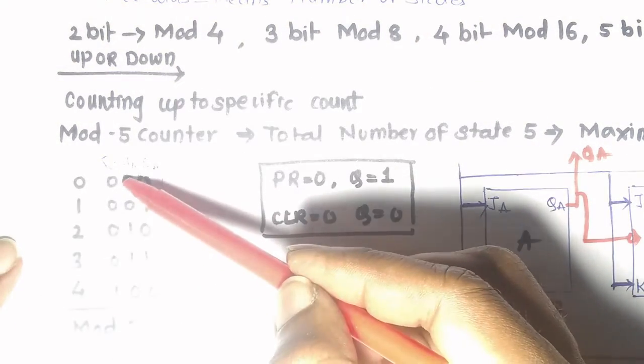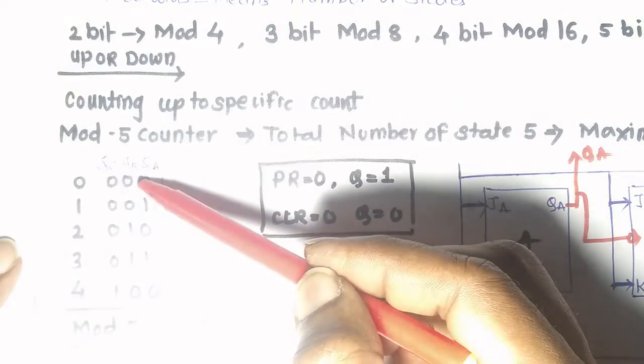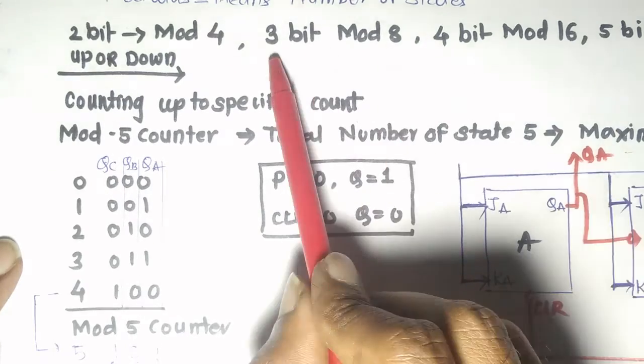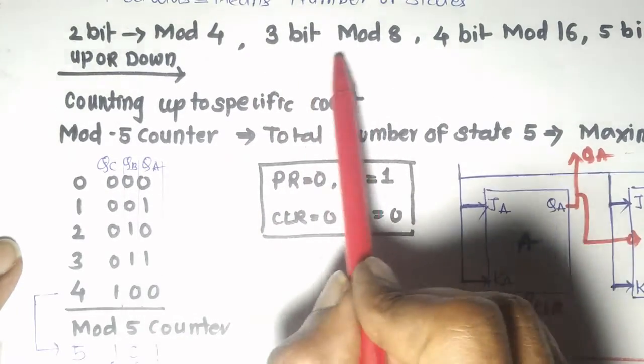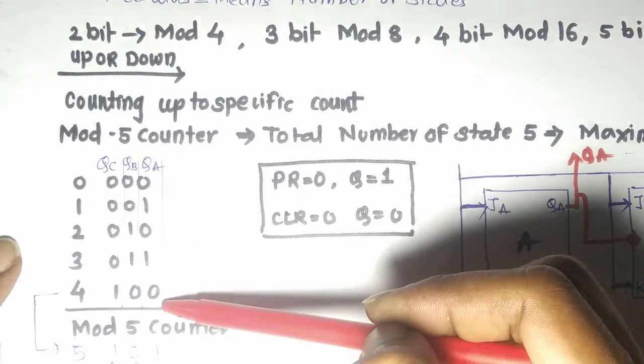We need 5 states in the counter, so we have to take a mod 8 counter, which is a 3-bit counter. So we need to use this 3-bit counter to build the mod 5 counter.